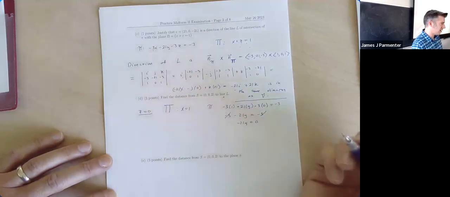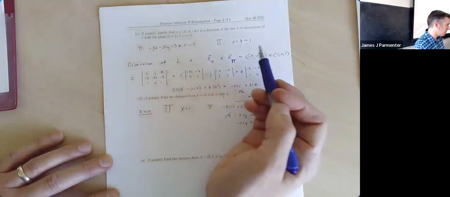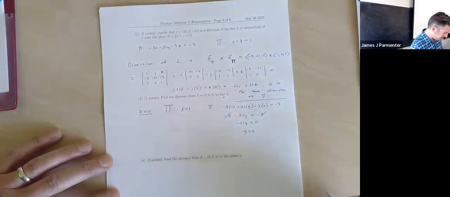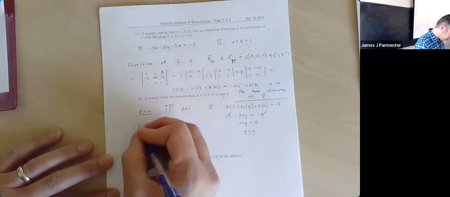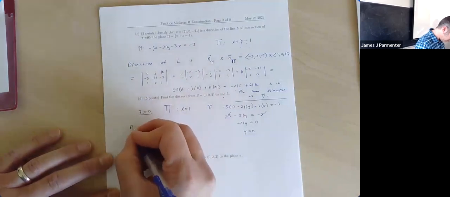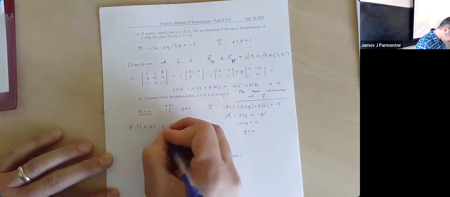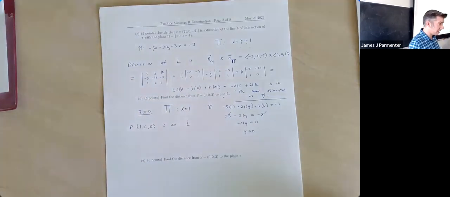Not having a y here means y can be anything, so we're going to get y equal to 0. So our point is x equal to 1, y equal to 0, z equal to 0. This point, 1, 0, 0, is on the line L, the line of intersection between the two planes.